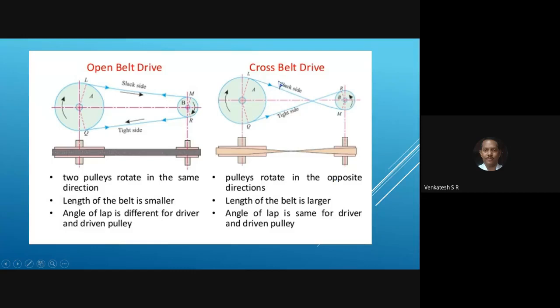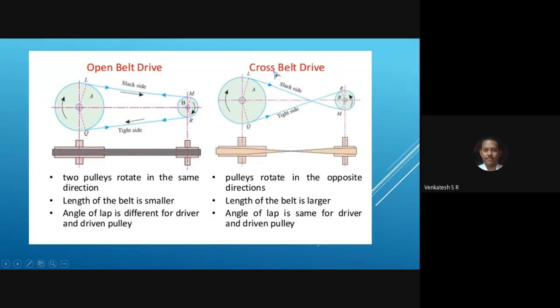But in case of cross belt drive, you need a little more belt than the open belt because of the cross side. You will understand this while deriving the length of the belt in case of open belt drive and length of the belt in case of cross belt drive.